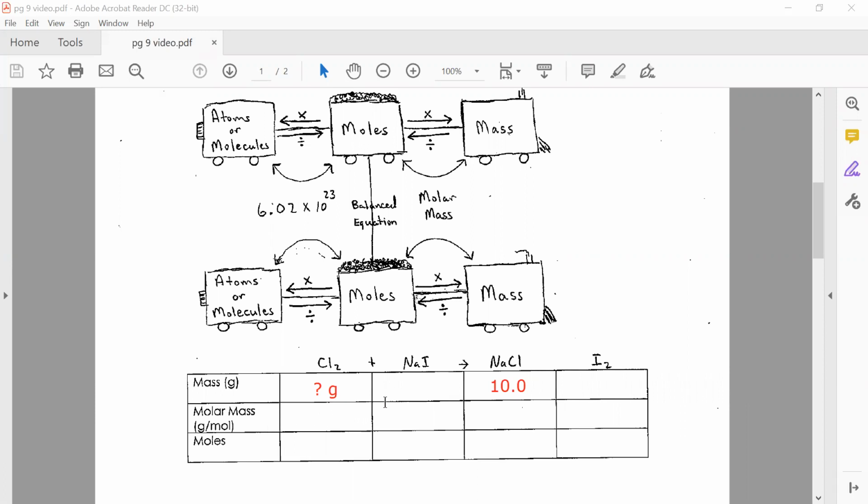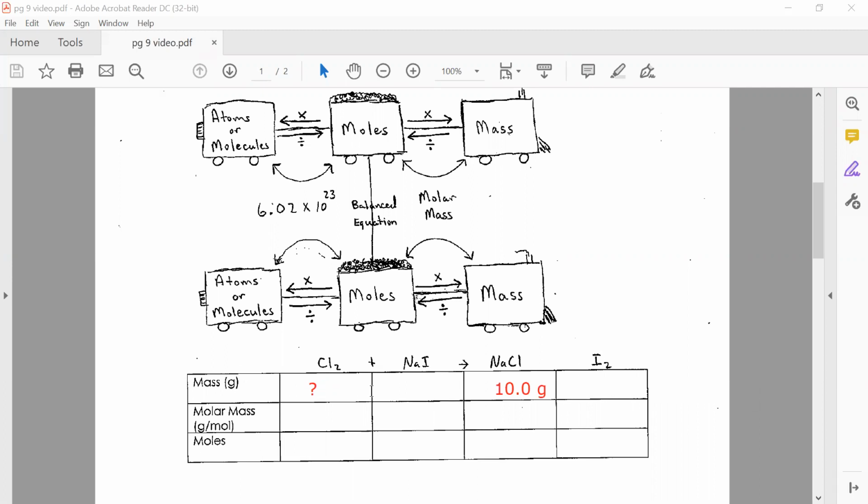All right, so 10 grams, question mark grams. Let me do this one more time and put 10 grams here as my starting point. And then my ending point is going to be question mark grams right here. And we know that that's grams. Okay, it says grams right there.